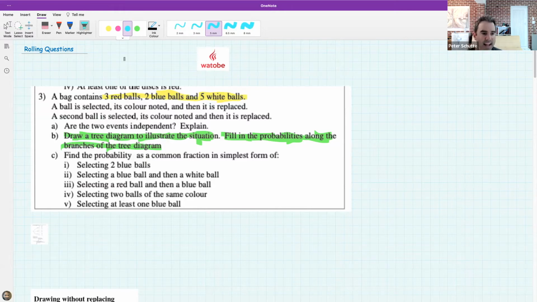And then I will highlight a few questions that I want you to try and work out. And then I want you to tell me when you've done the tree diagram. Just type tree in the chat so I know roughly how many of you are on board with me.